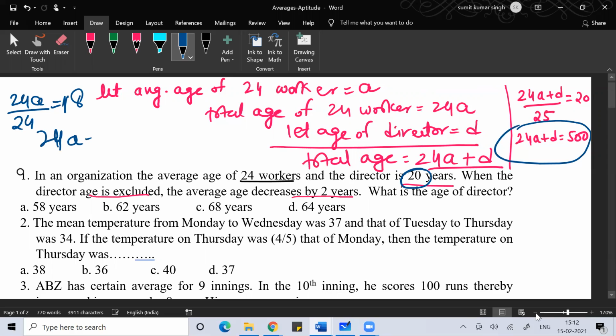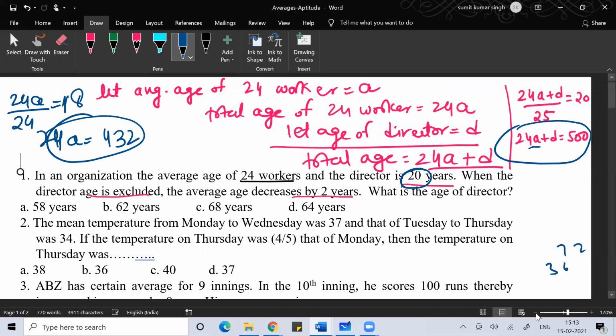So the age of 24 workers is 18 into 24. What is 18 into 24? That is 432. So the total age of 24 workers is 432.